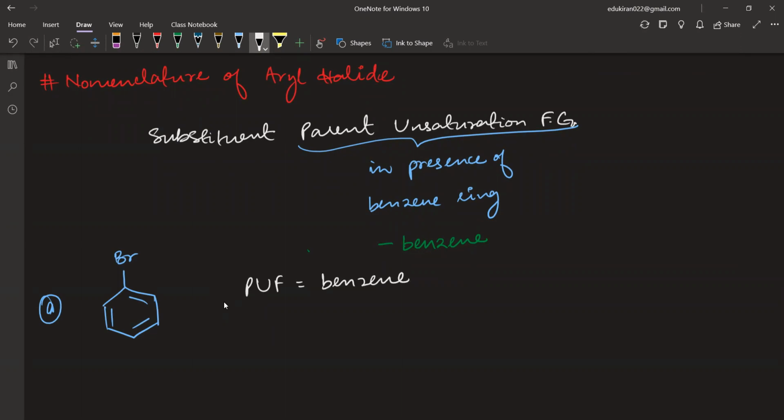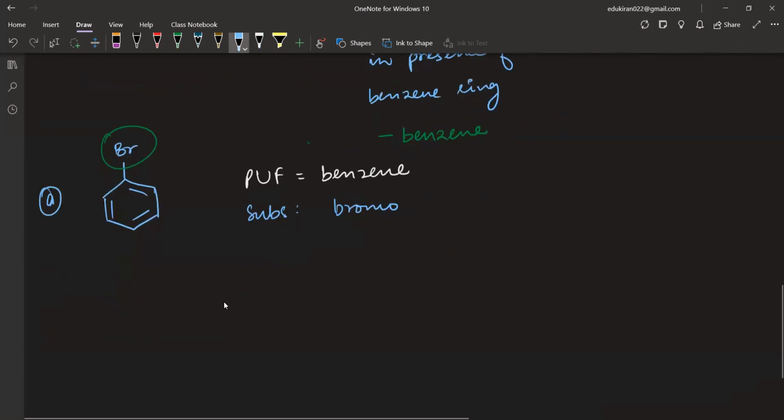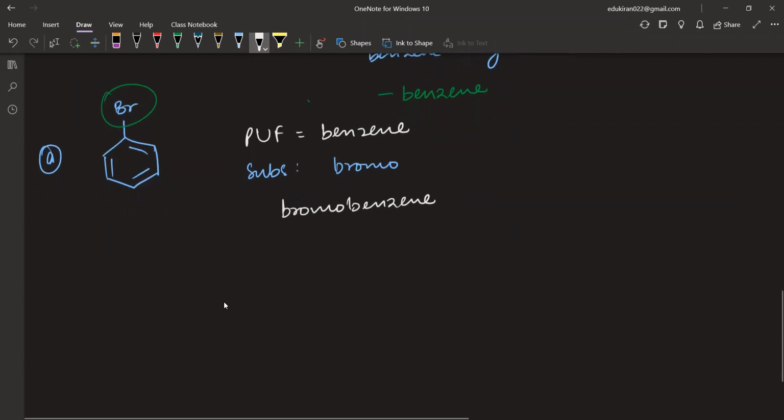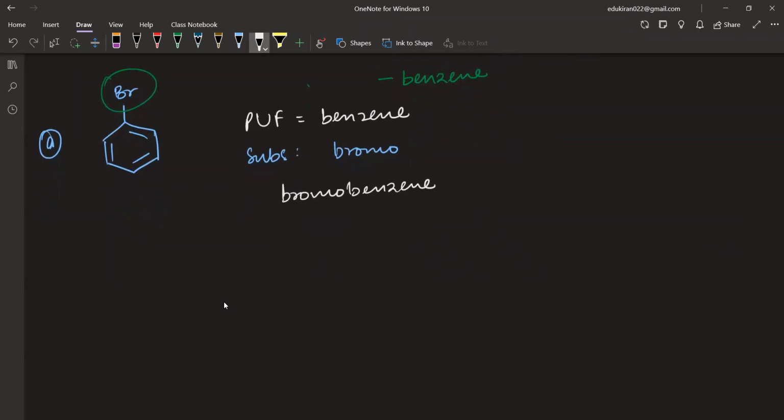Once we have identified that, what remains? Substituent remains. In place of substituent, we'll be writing bromo. Is that clear? Yes, sir. So the name will be bromobenzene.